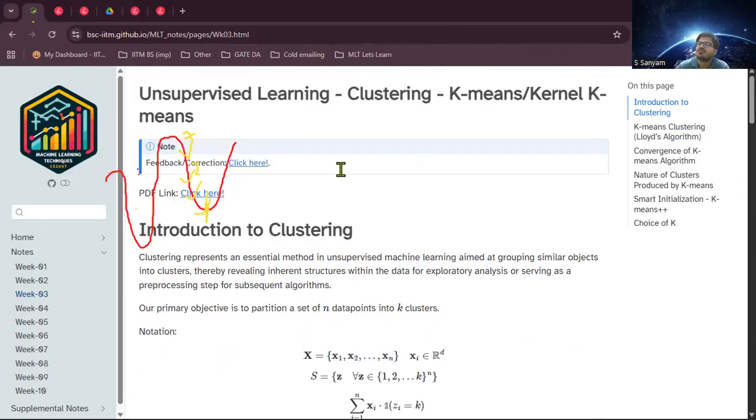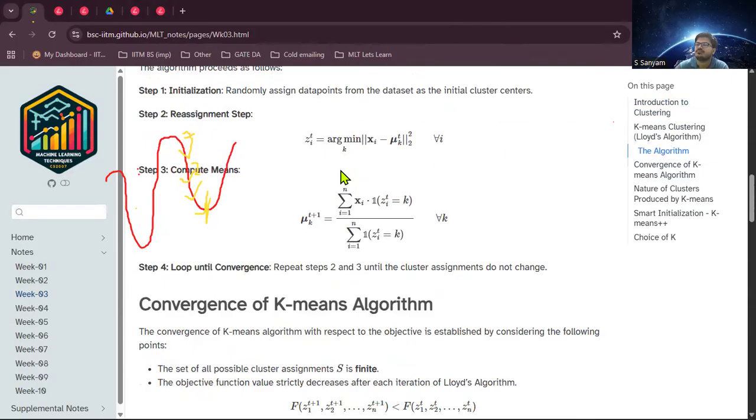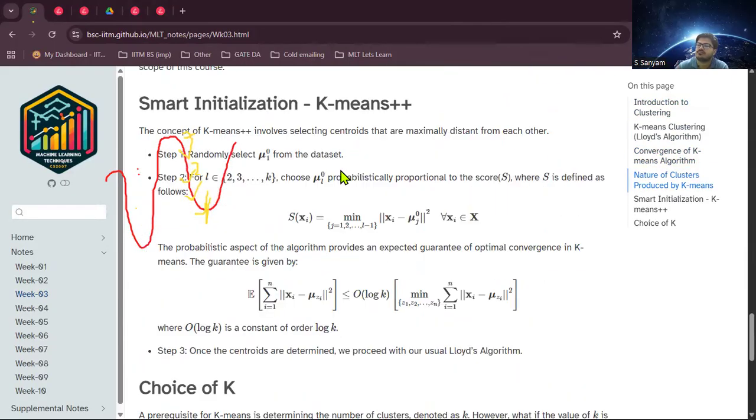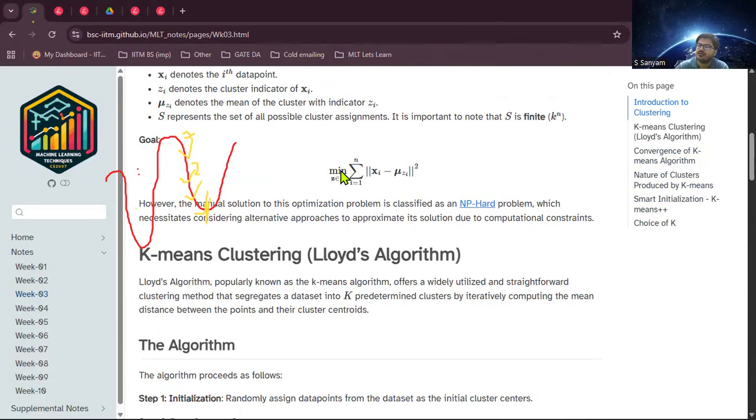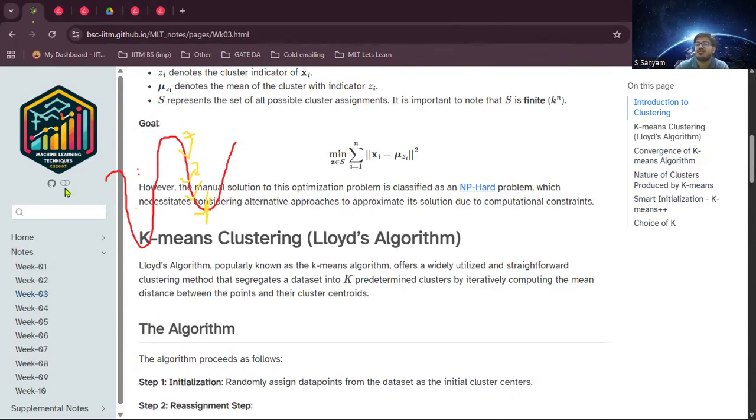That's the drawback of the k-means clustering algorithm.